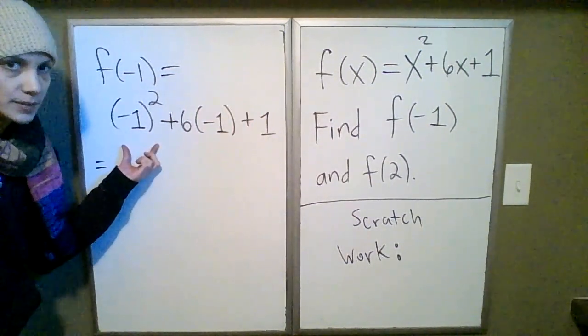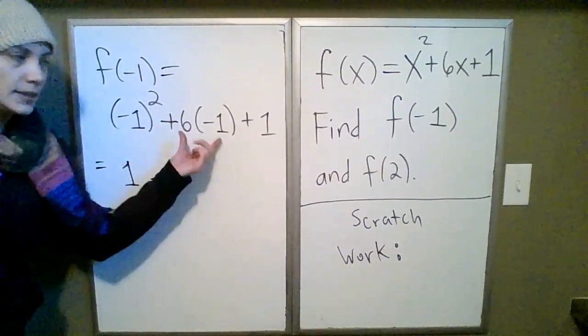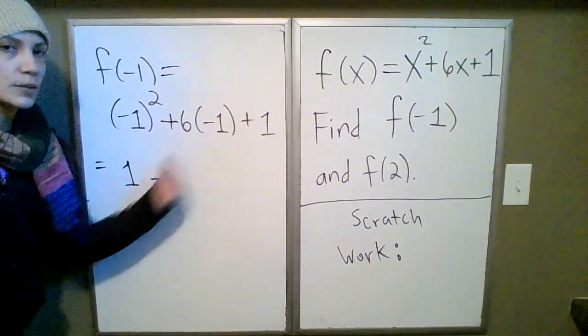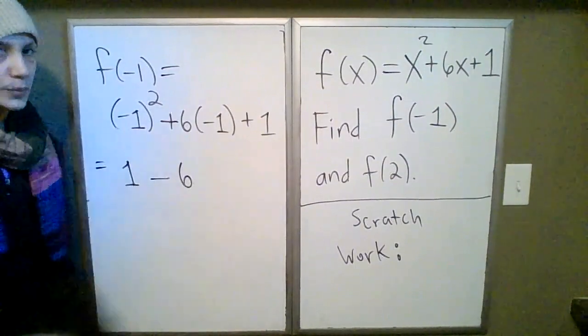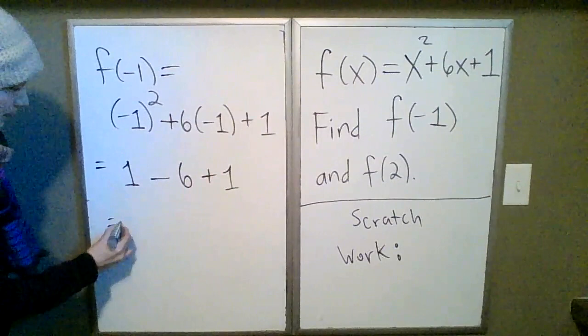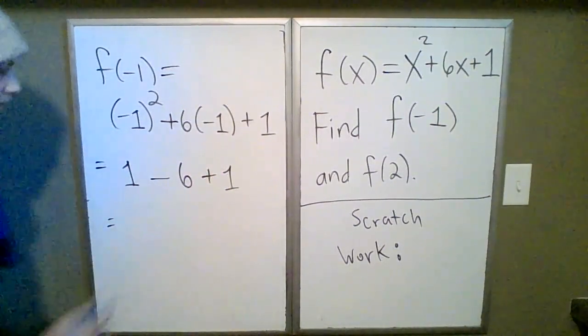Okay, -1 squared is 1. And then this is -6, and we add -6, we're going to subtract 6. And then at the end, we add 1. So we've got -5 plus 1 is -4.